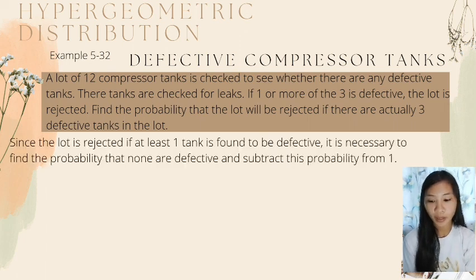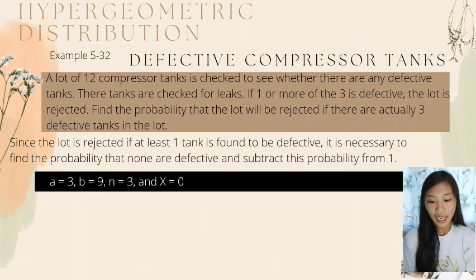To solve this problem, since the lot is rejected if at least 1 tank is found to be defective, it is necessary to find the probability that none are defective and subtract this probability from 1. Here, A is equal to 3, B is equal to 9, N is equal to 3, and X is equal to 0.